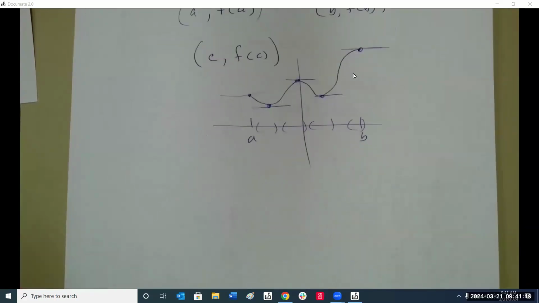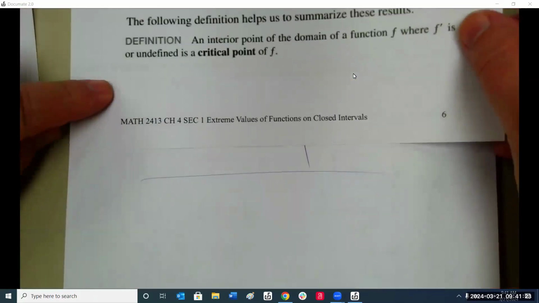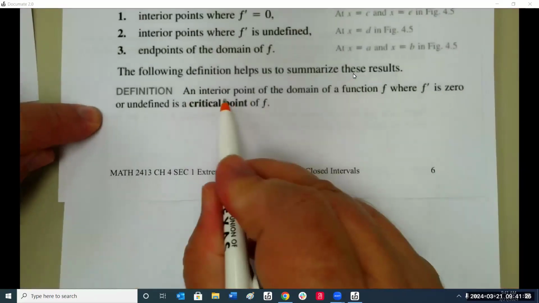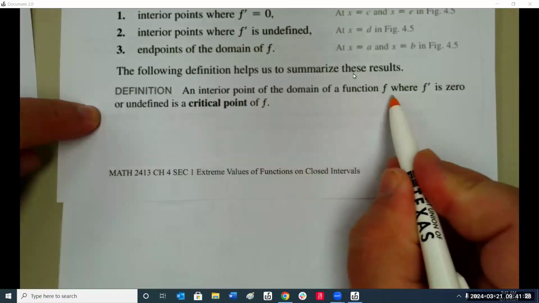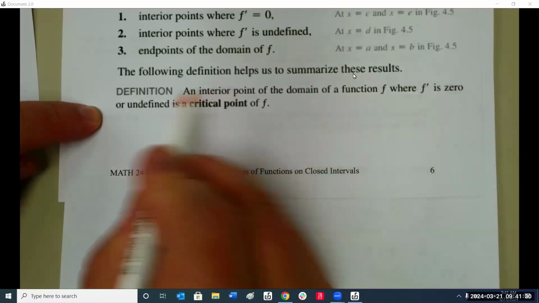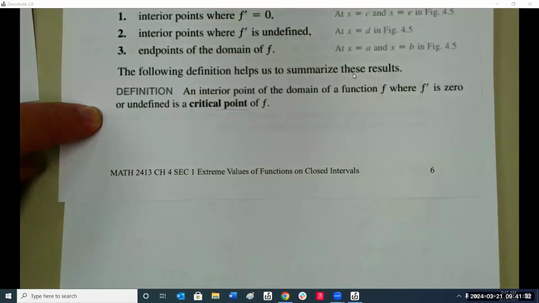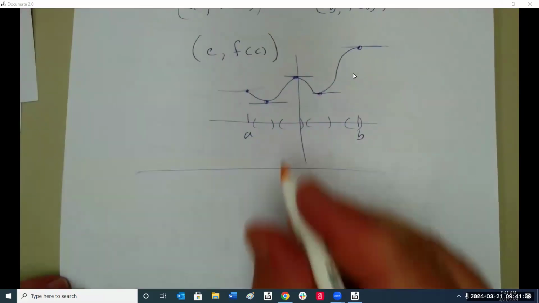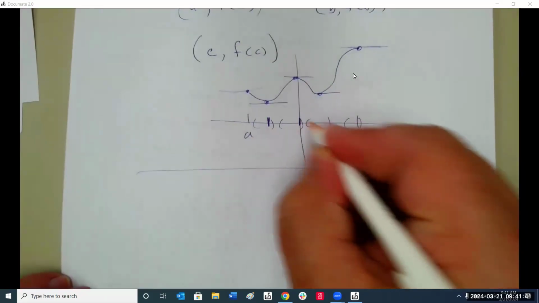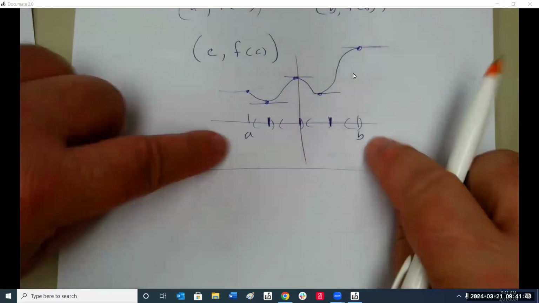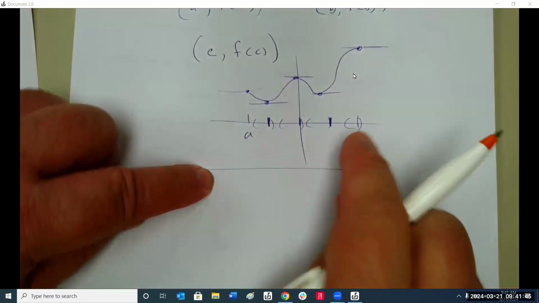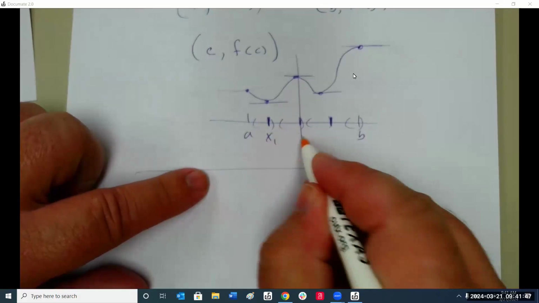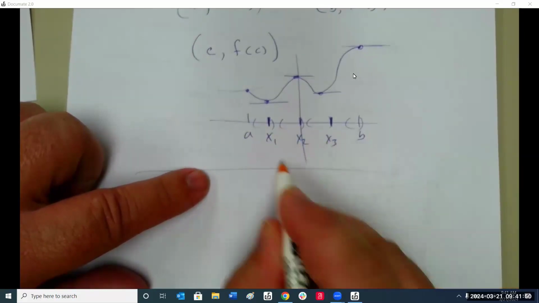Let's look at this. An interior point of a domain of a function f where f prime is 0 is called a critical point of f. These points here, the interior points, let's call them x1, x2, x3.